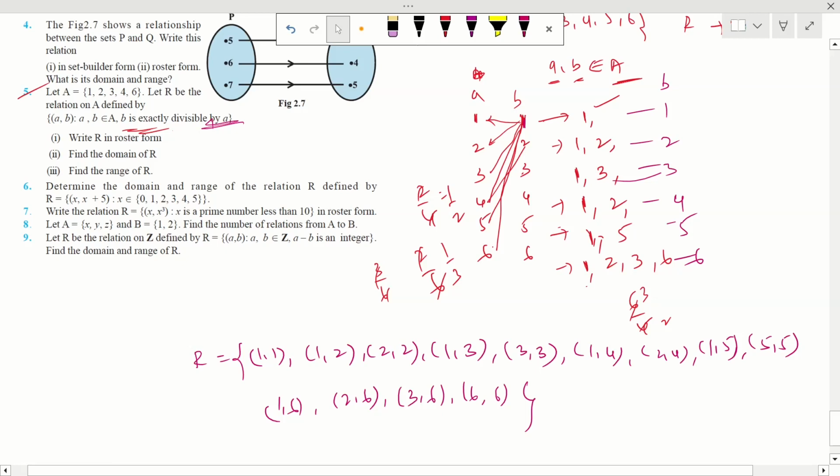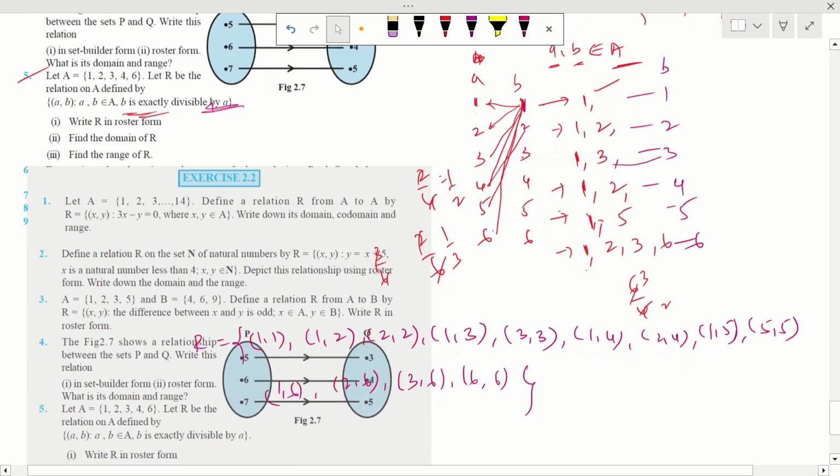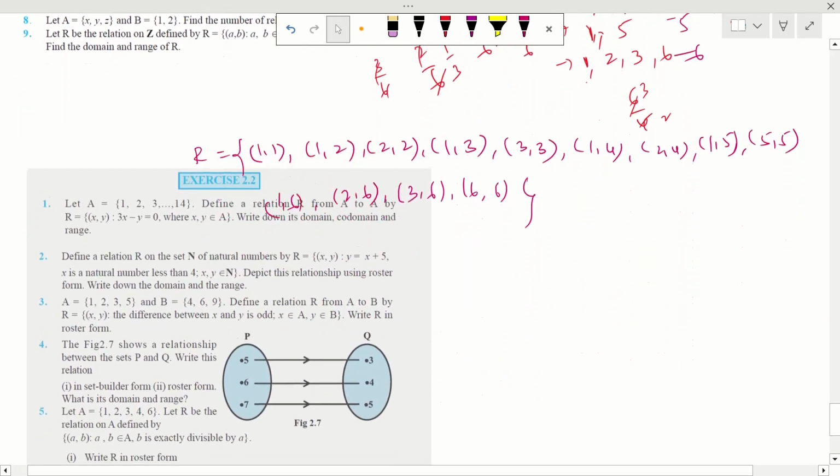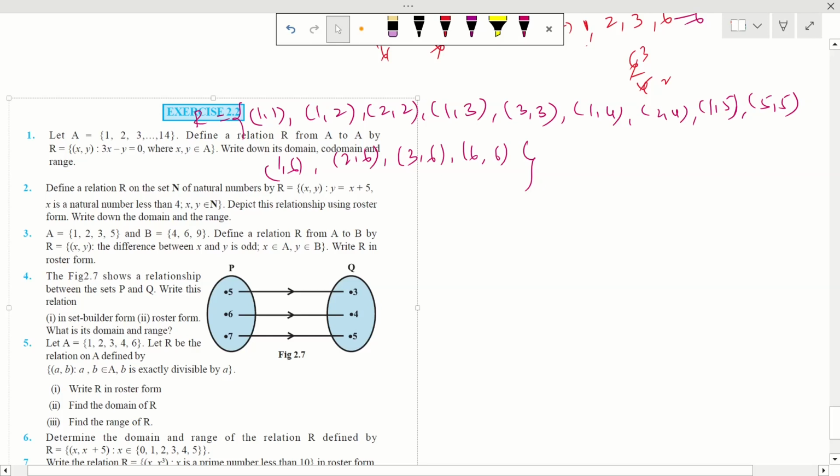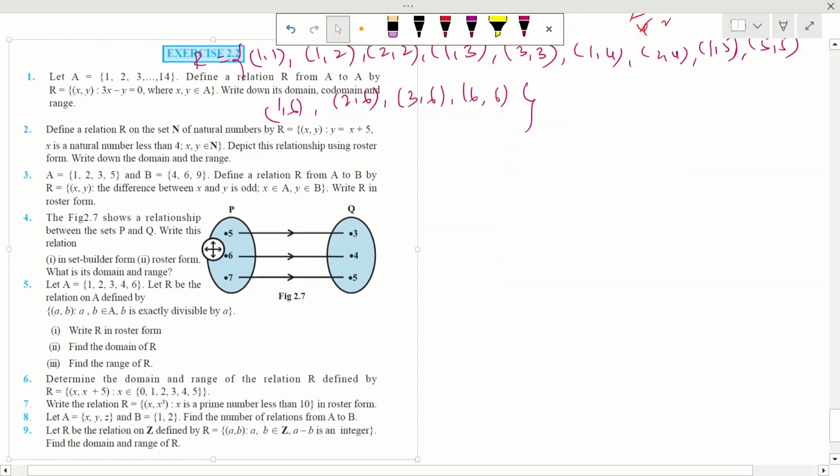Now come to the next problem, the sixth one.